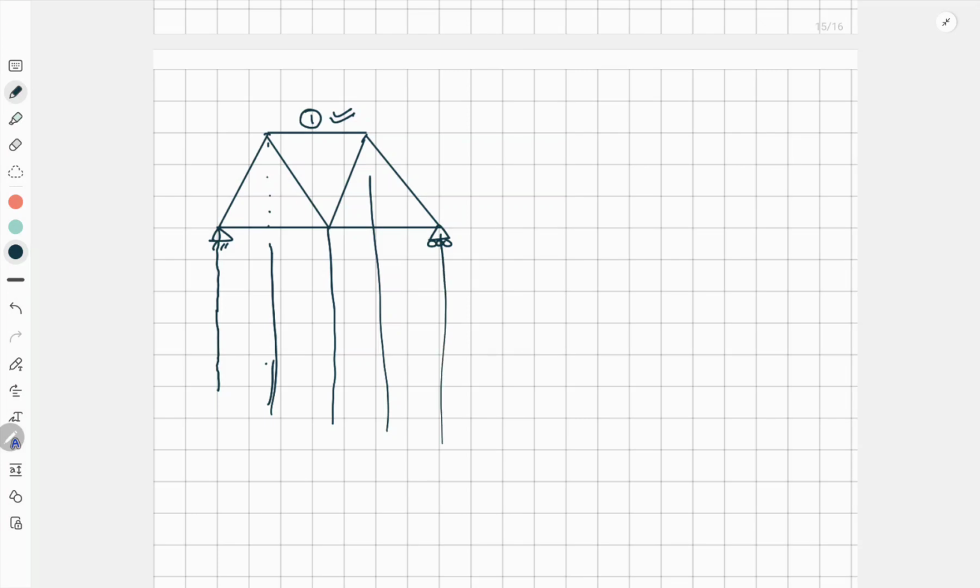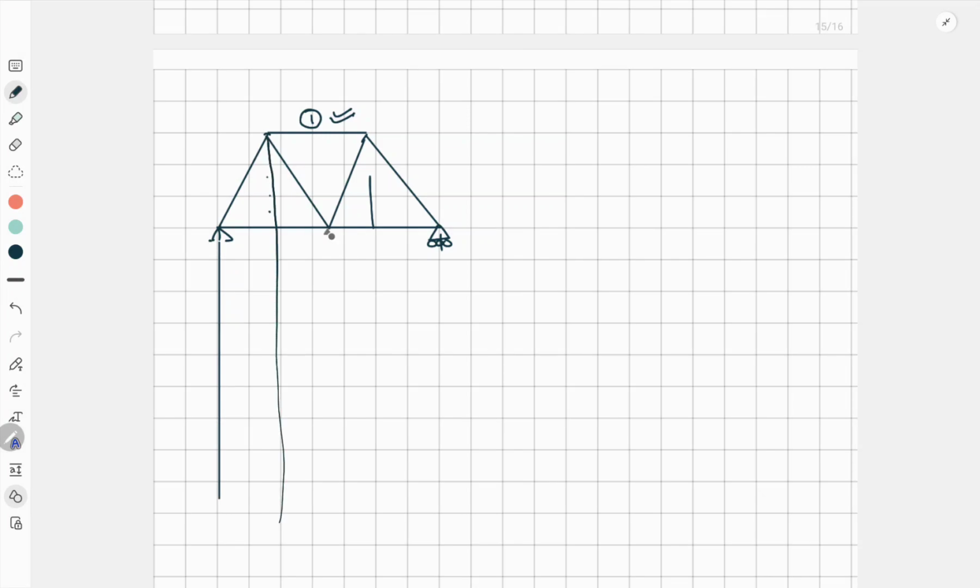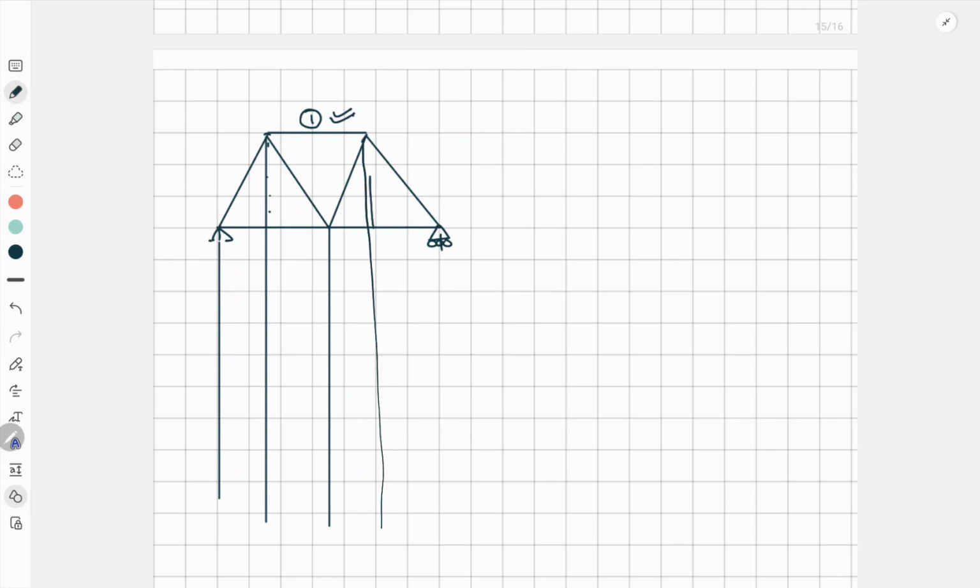Okay, we have to draw a projection line like this, like this, like this, like this, like this and like this.